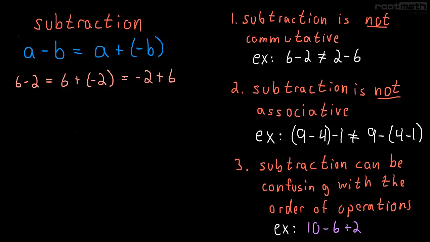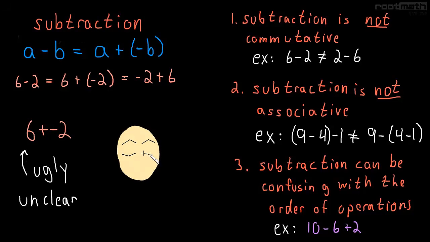Okay, so when we think of subtraction as addition of a negative number, we get commutativity back. A little note about the notation here. Why do we put parentheses around the negative sign? It's really because doing it without them is ugly and unclear, and you might even confuse somebody if you're not very neat.